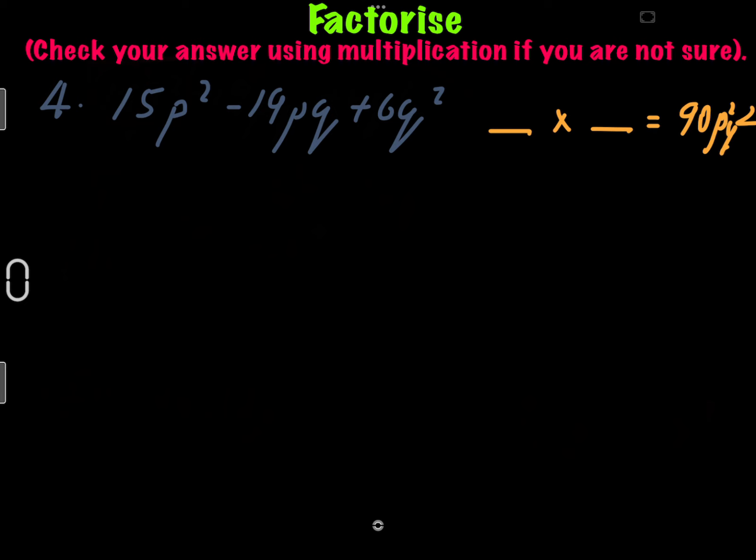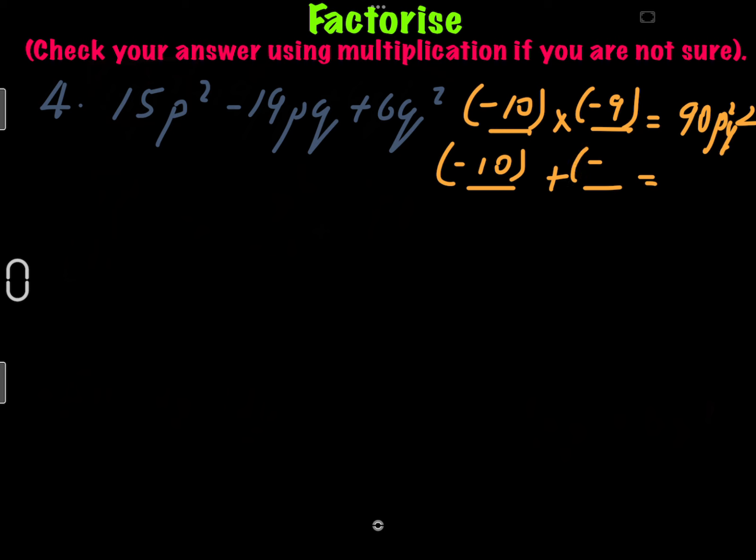The factors of 90 are negative 10 and negative 9. And then we need to add those two factors. Remember now, negative 10 plus negative 9 gives us negative 19.